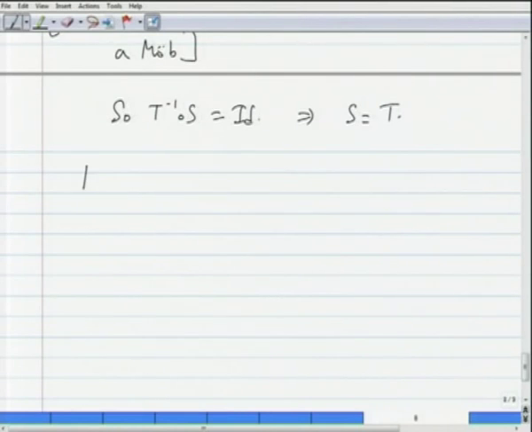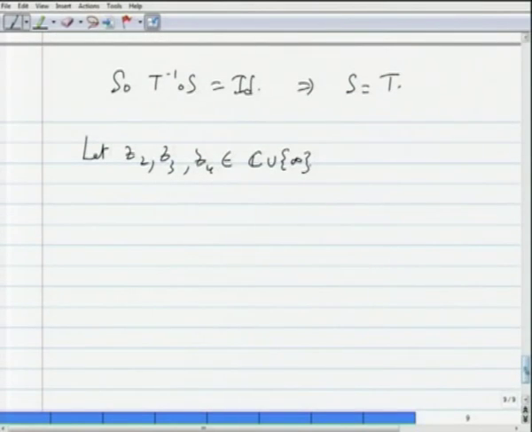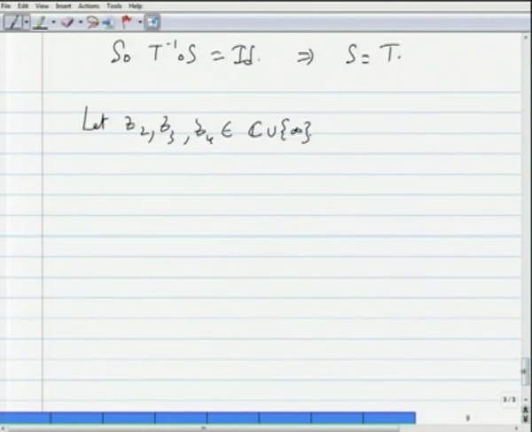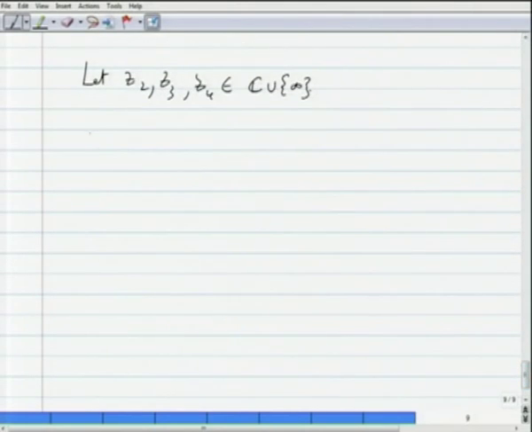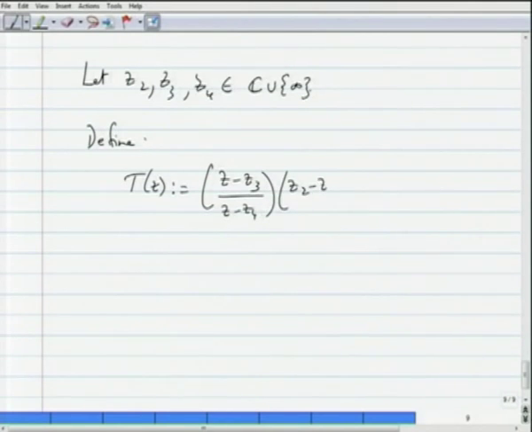Let Z 2, Z 3, Z 4 belong to C union infinity. Since the image of 3 points determines a Mobius transformation, we are going to make the following definition, define T of Z as Z minus Z 3 divided by Z minus Z 4 times Z 2 minus Z 4 divided by Z 2 minus Z 3.